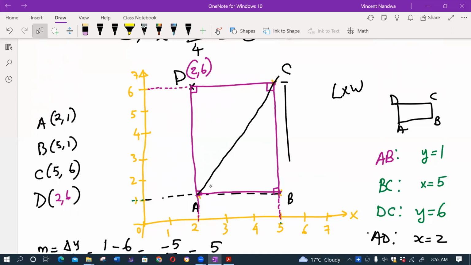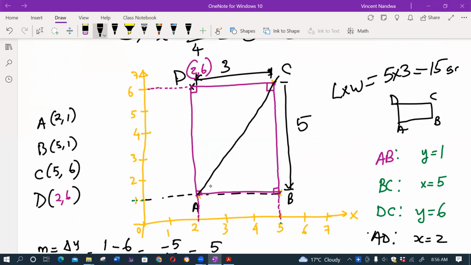Here is 1 and here is 6, so the length here is simply 6 minus 1, which is 5 units. And the length here is simply 5 minus 2, which is 3. So the area will be 5 by 3, which is 15 square units.